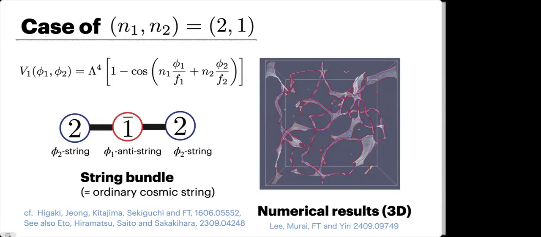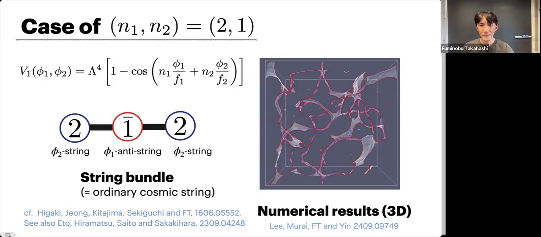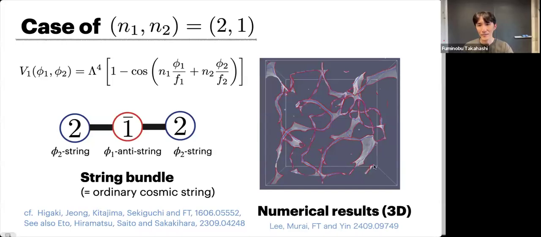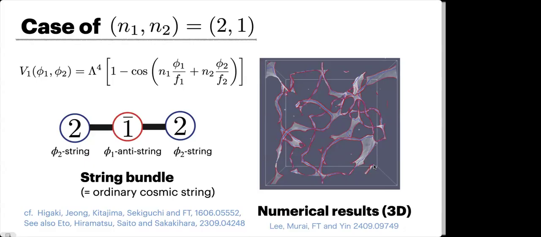I don't know if I'm conveying this idea correctly, but for example, if you look at the right bottom part of this figure, you can see that there are 3 string bundles connected to each other through something like a loop, not really a loop, something similar to a gluon loop.